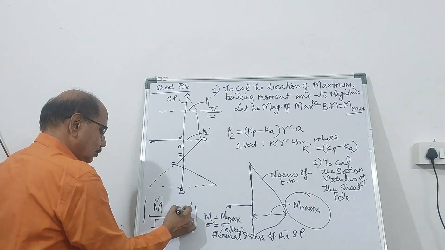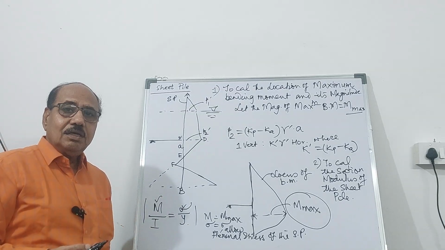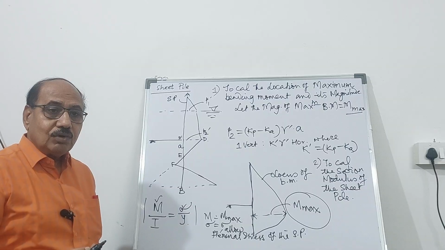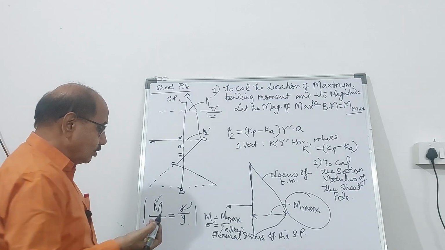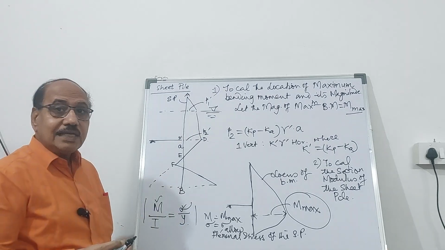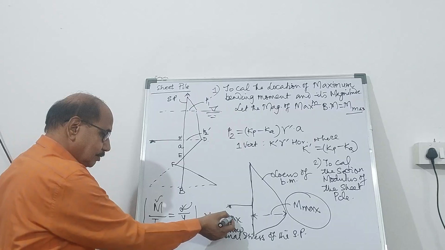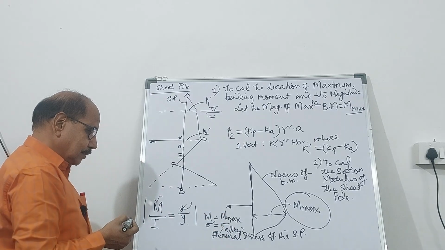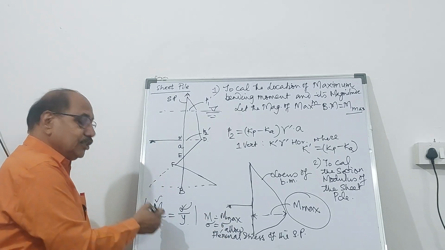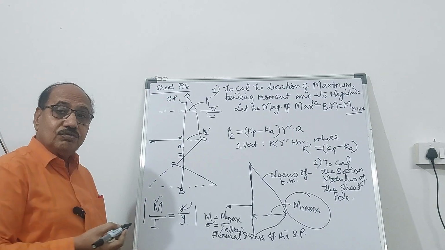Then this is known. If you are going to use the sheet pile of mild steel, what is the allowable flexural stresses? You know it, depending upon the type of the material you are going to use. This you are going to calculate, maximum bending moment. And the moment of inertia, you can always find it out for any section.